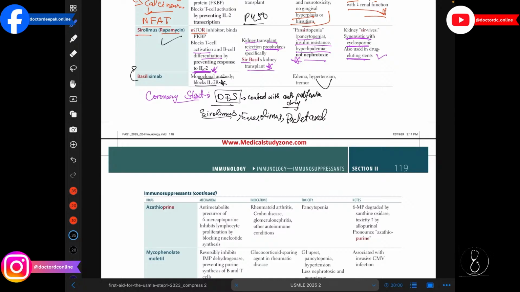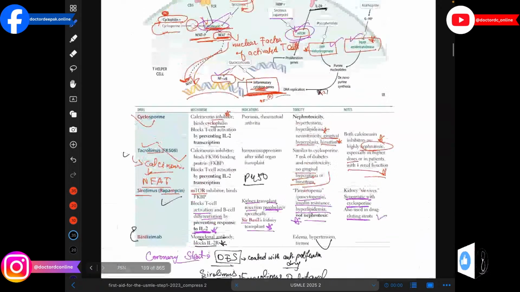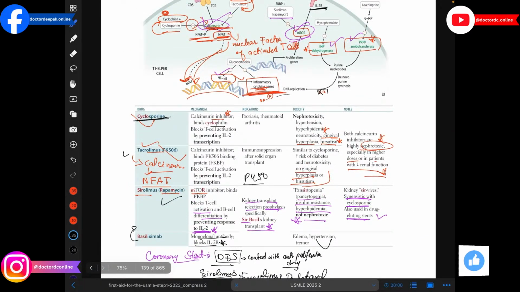There is one question: if we are giving cyclosporine, what is the most common risk? You are giving cyclosporine and blocking T cell activation by interleukin-2. You guys know interleukin-2 differentiates T helper cells, and T helper cells are going to do cytotoxicity.